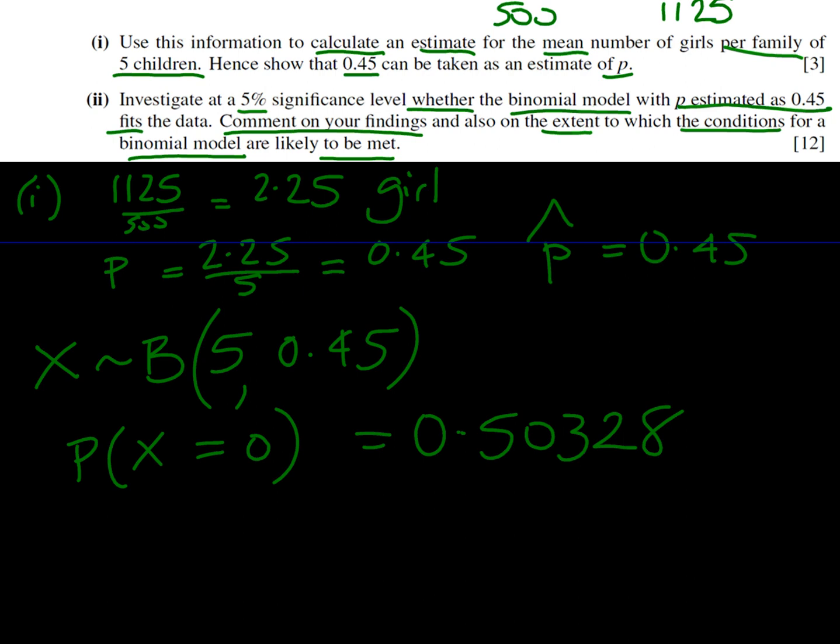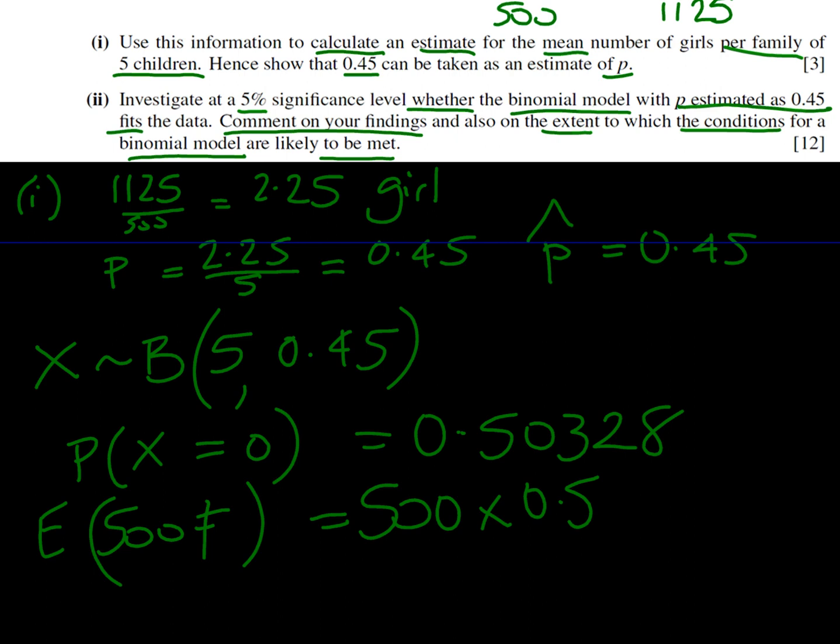So if that's the probability in each one, then my expected value in 500 families is going to be 500 times that number, isn't it? 0.503287, and if I calculate that out I'd get 25.16.